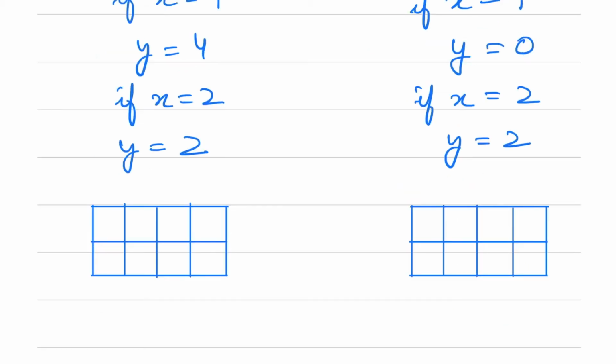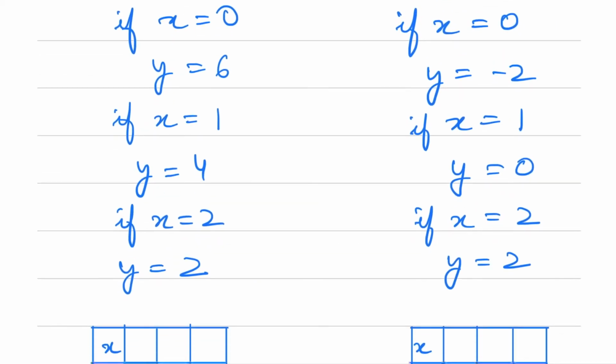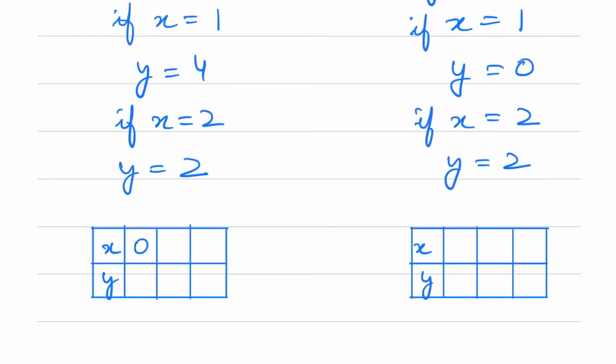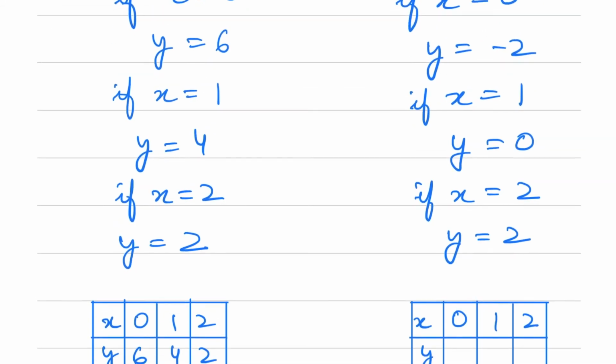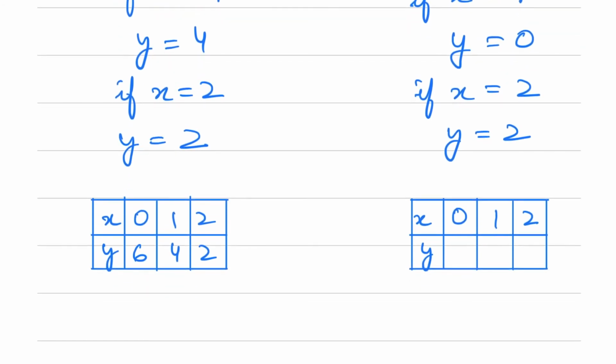Let's put the values in the table. So x and y, here x and y. I took the values same, 0, 1 and 2 for x. Here I got the corresponding values as 6, 4 and 2. Here I got as minus 2, 0 and 2.